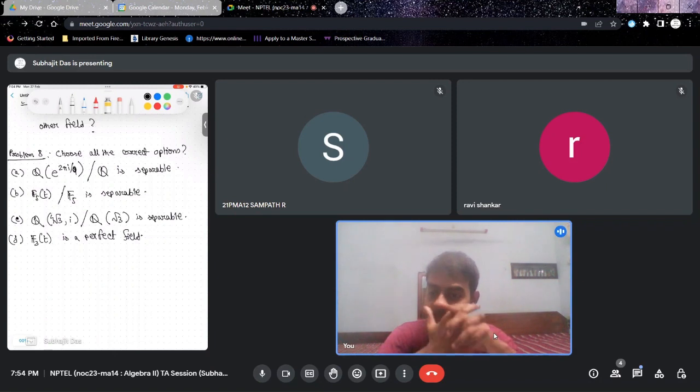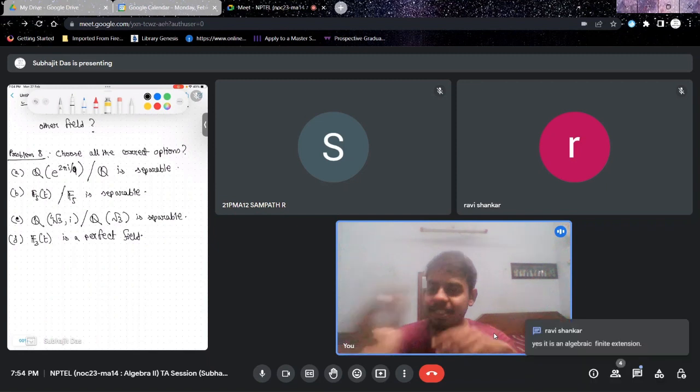Because e to the power 2 pi i by 9 is algebraic over Q. It is a root of some non-zero polynomial over Q. So this extension is finite, and since Q is a field of characteristic 0, any finite extension has to be separable.